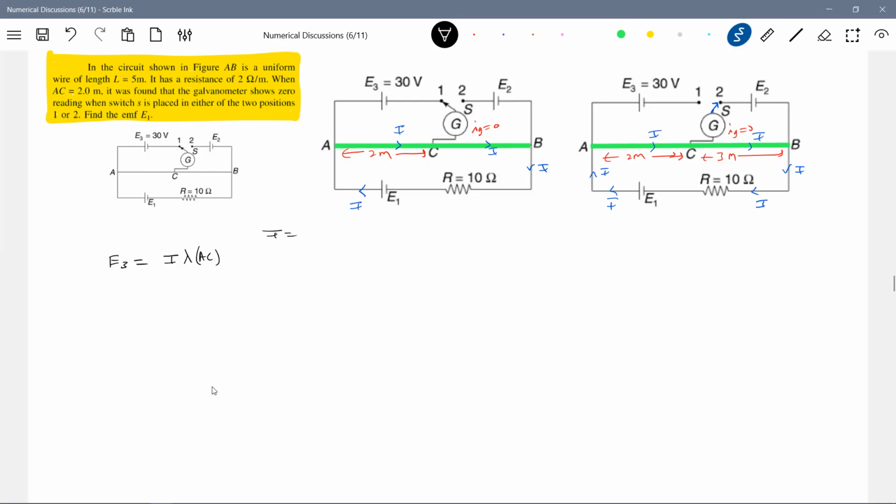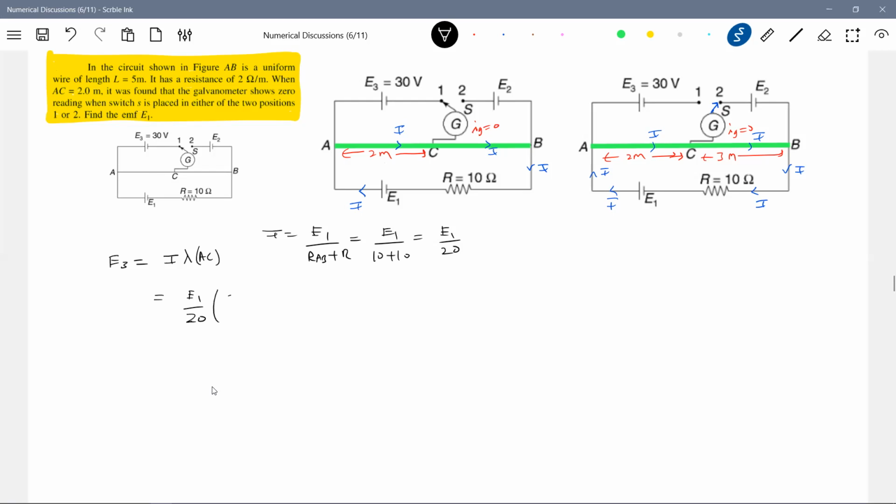What is I? I should be equal to E1 by RAB plus R. E1 is the unknown. RAB has a resistance of 2 ohm per meter, so RAB should be 10. So this will be E1 by 20.